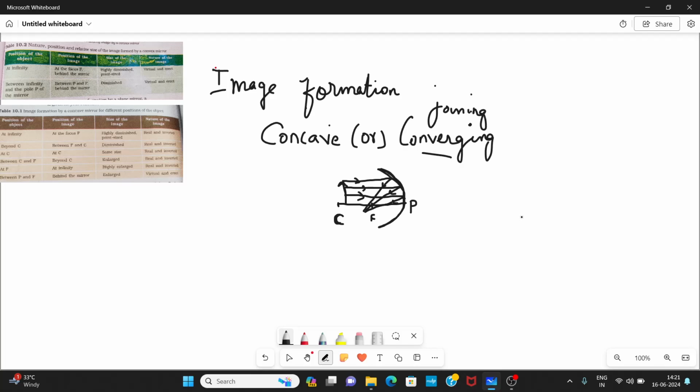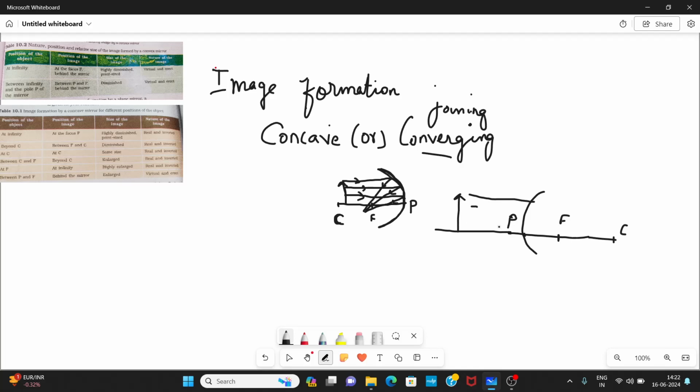Whereas in convex mirrors, the principal axis lies on the opposite side. So here will be your pole, here is the focus, and here will be your center of curvature. This is the object we have placed.